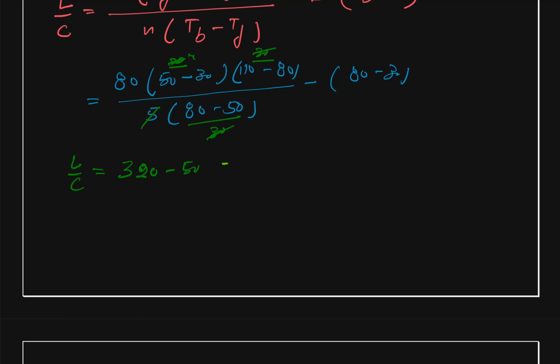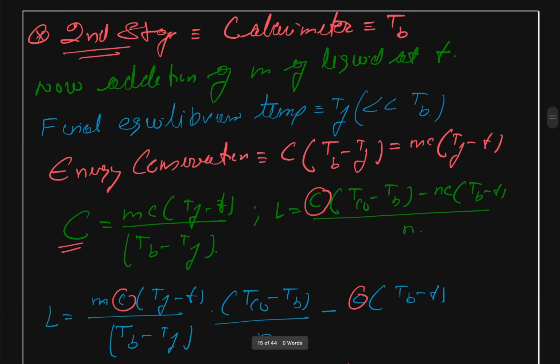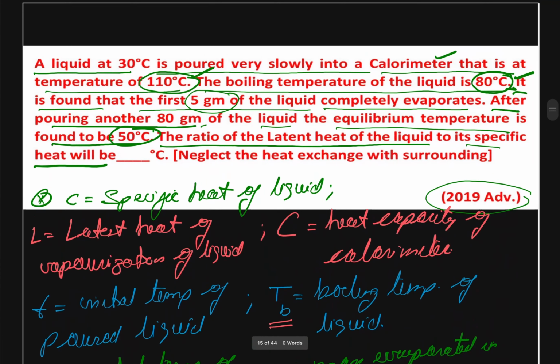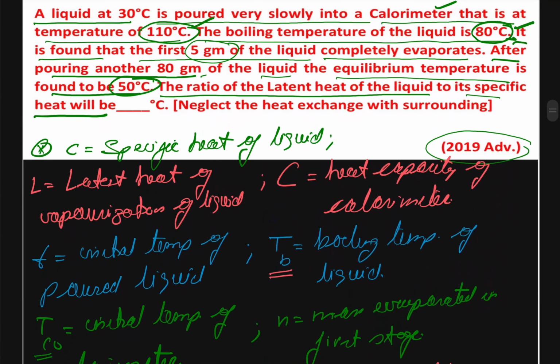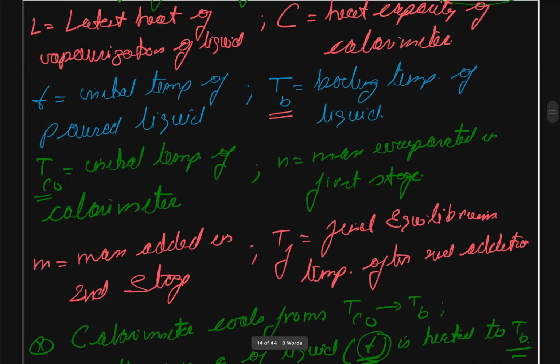So we get this L upon small c will be equal to 270 degree centigrade, which was asked for. 270. Next question.